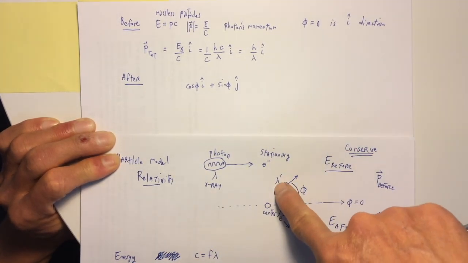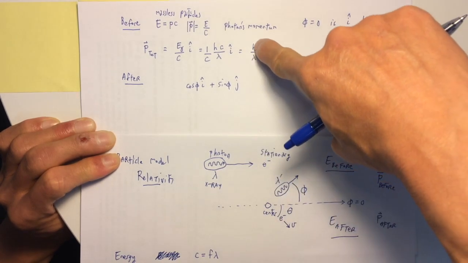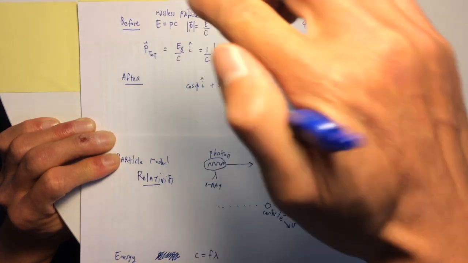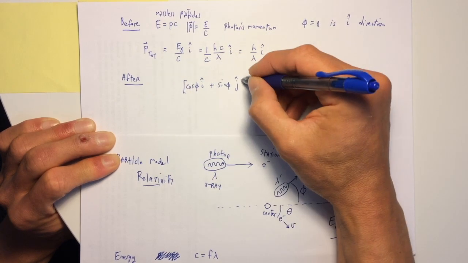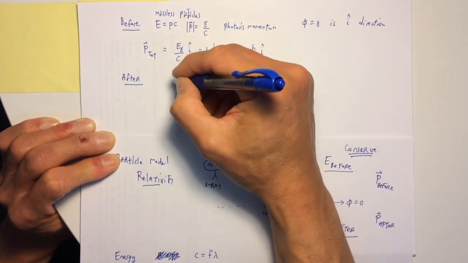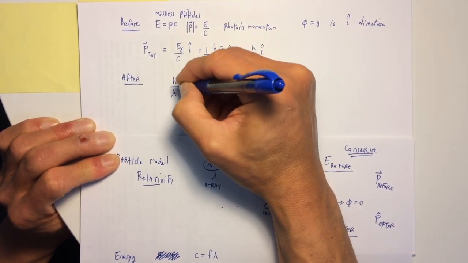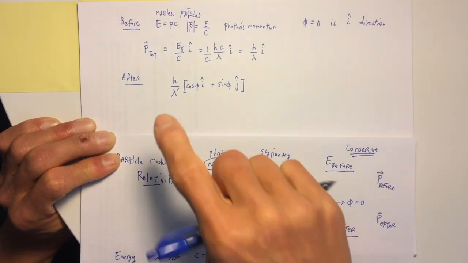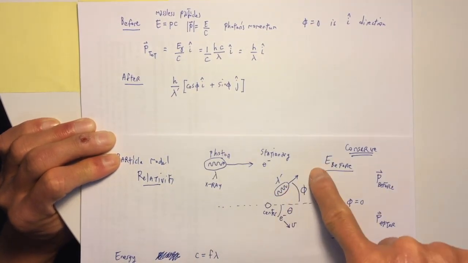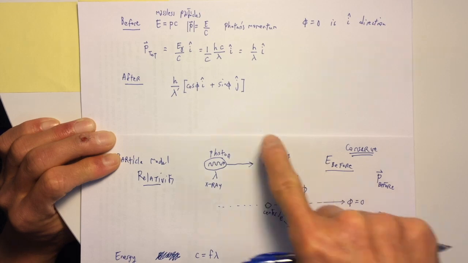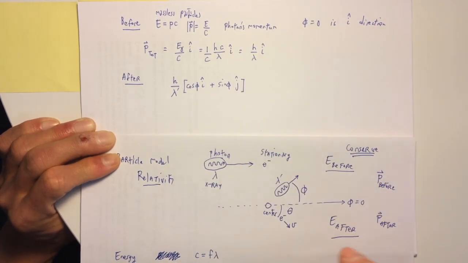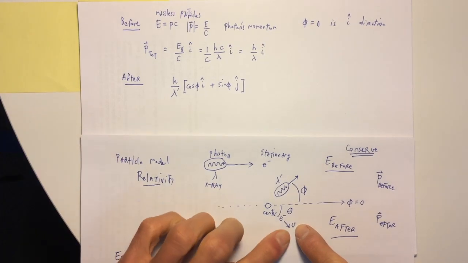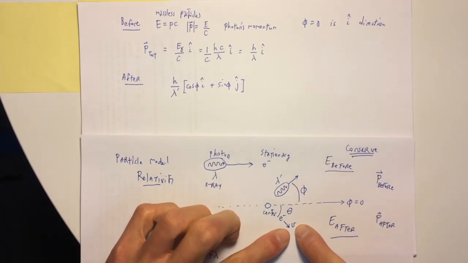And the momentum is related to that lambda prime in the same way that I got up here. So if I multiply this unit vector direction times the correct magnitude of momentum, this is the momentum of the outgoing photon, and it's a vector.